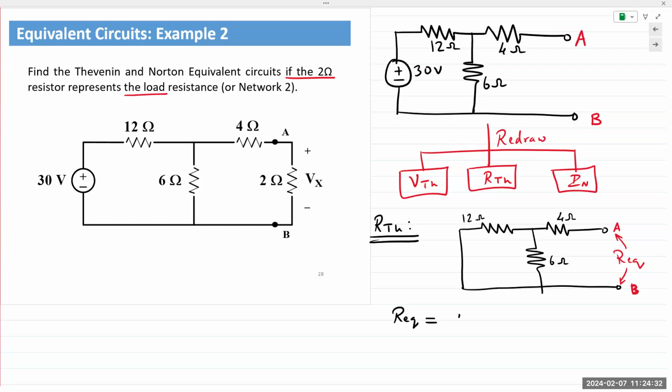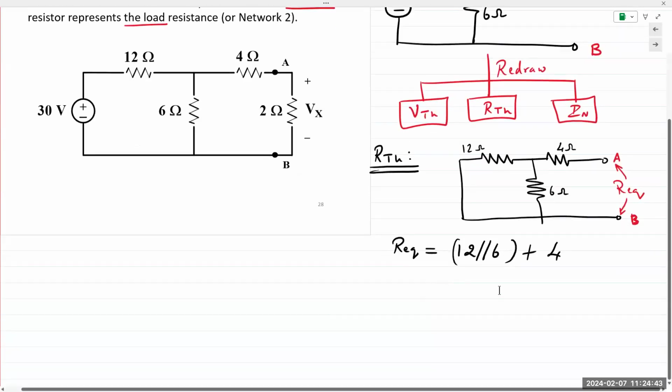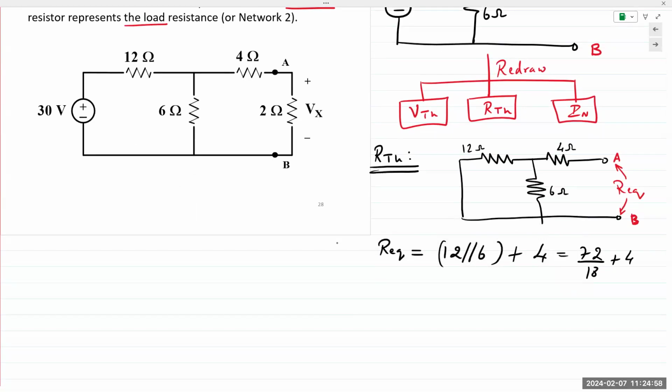So this is 72 divided by 18 plus 4. So Req is 8 ohms. Therefore, my Thevenin resistance RTH is also 8 ohms.